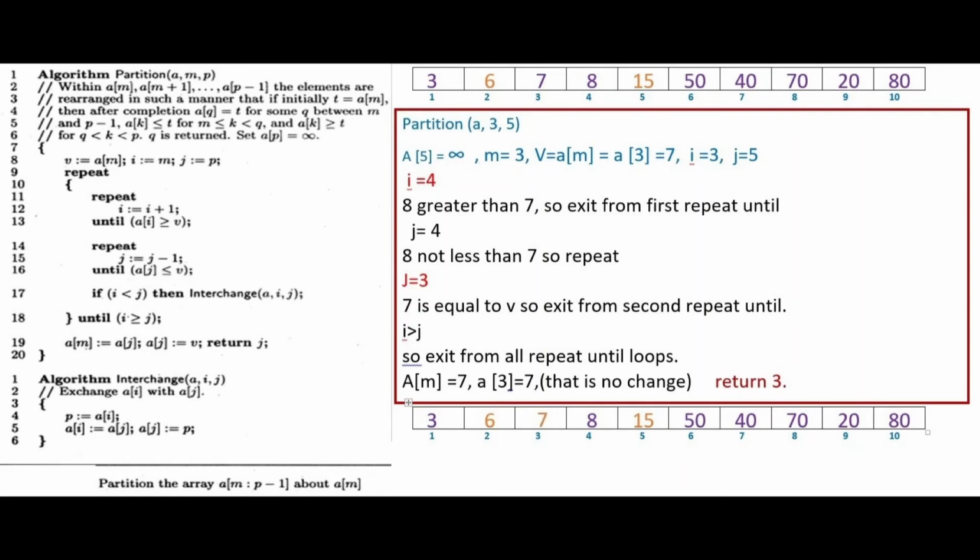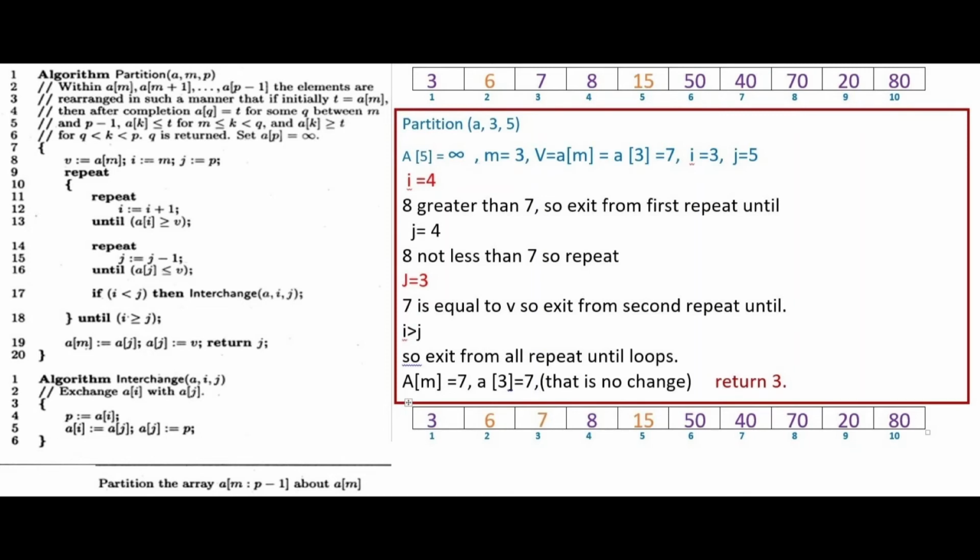A of 5 is equal to infinity, m is equal to 3, v is equal to a of m is equal to a of 3 is equal to 7. Our new key element is 7. And now the value of I is equal to 3, j is equal to 5. We first enter into the first repeat until, I is equal to I plus 1. New value of I is equal to 4.